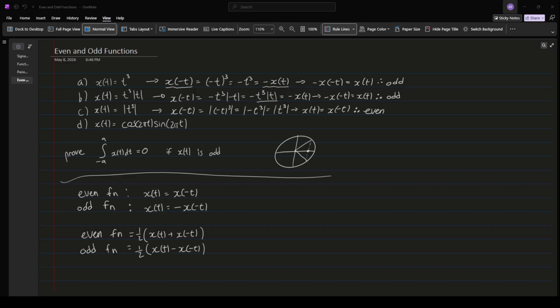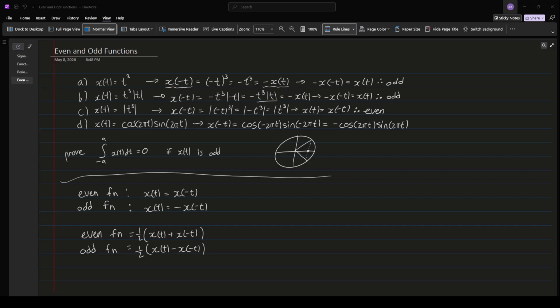So for the first one, cos, and for part D, we have x of negative t equals cos of negative 2 pi t, sine of negative 2 pi t, which is just equal to negative cos 2 pi t, sine 2 pi t.